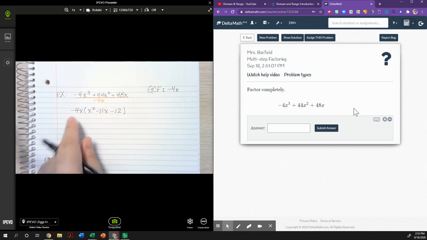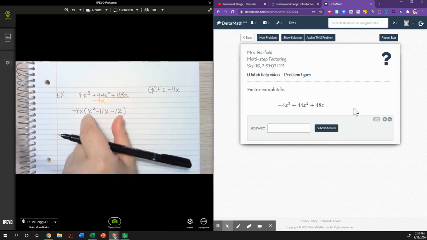Now when it says factor completely, I always told my Math 1 students that is a huge hint. They're trying to tell you that you will likely 100% have to do another factoring step, meaning what's inside the parentheses can be factored again.